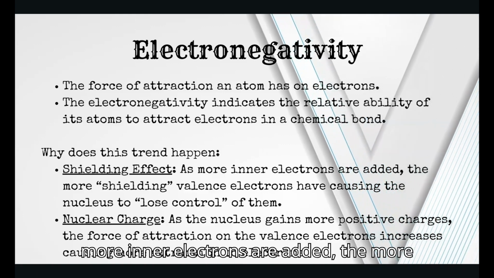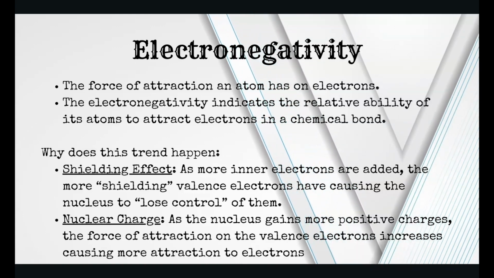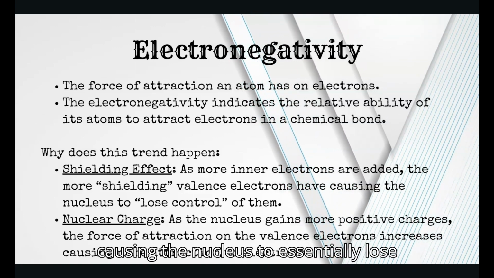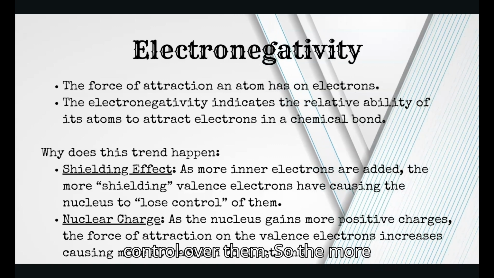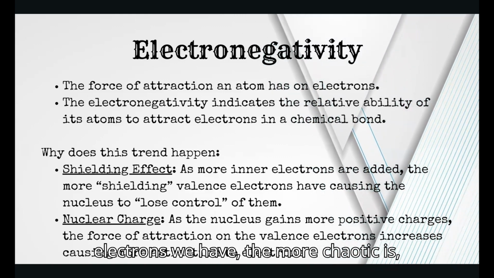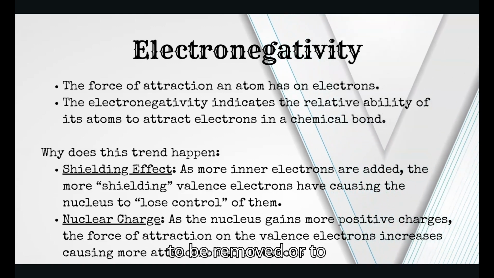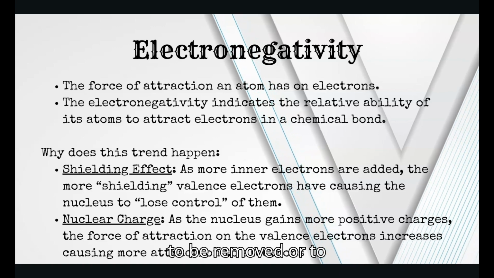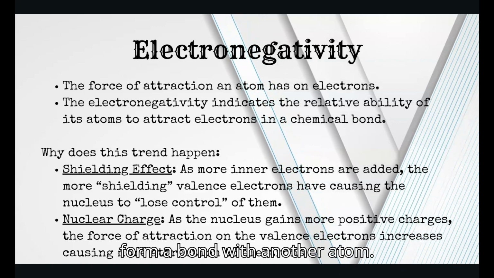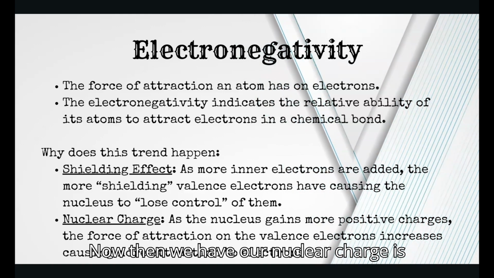As more inner electrons are added, the more shielding the valence electrons have, causing the nucleus to essentially lose control over them. So the more electrons we have, the more chaotic it is, the more likely those electrons are to be removed or to form a bond with another atom. Then we have our nuclear charge.